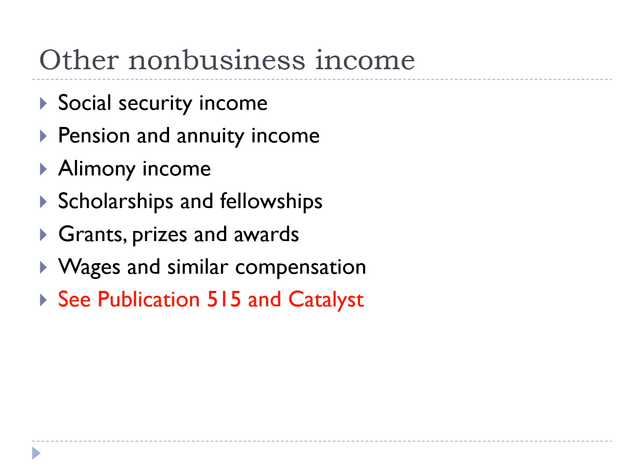See IRS Publication 515 and the Catalyst publication referenced in the written lecture for guidance on taxation and withholding related to these topics. Also see the links in the lecture for summaries of these topics.